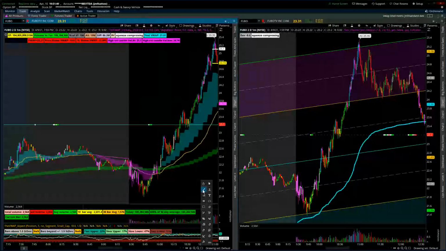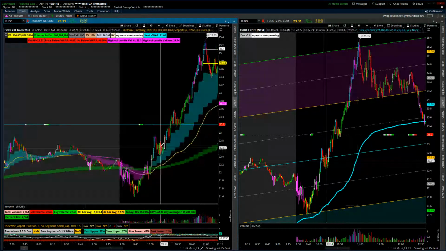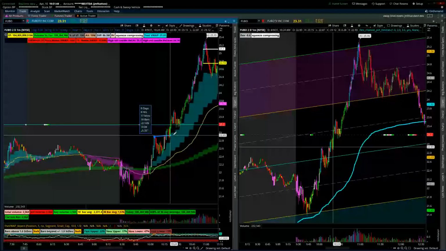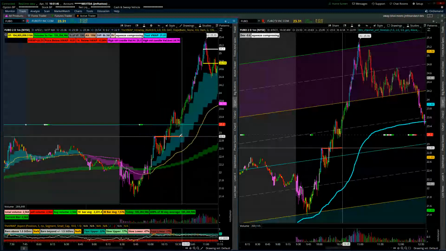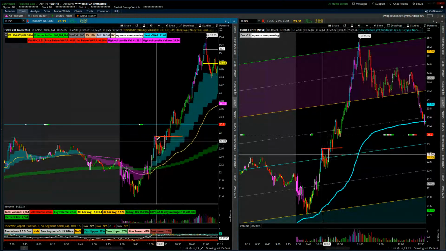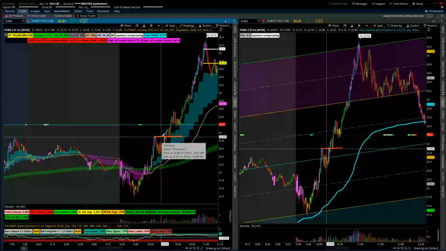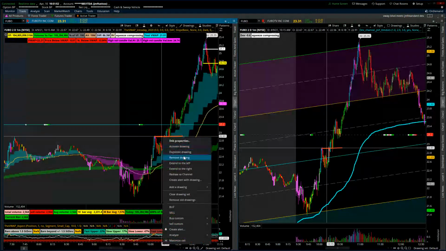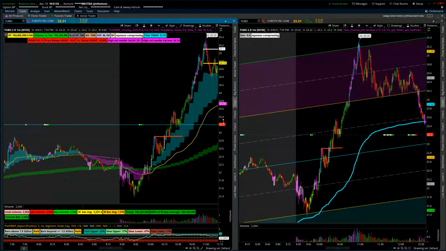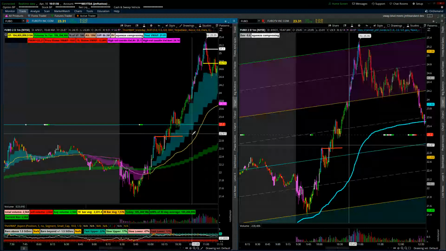And there's a couple different entries. Some people say that you enter on the break of the cup, basically this cup shape. I have a hard time with that, and that is why I want to track this setup, okay?